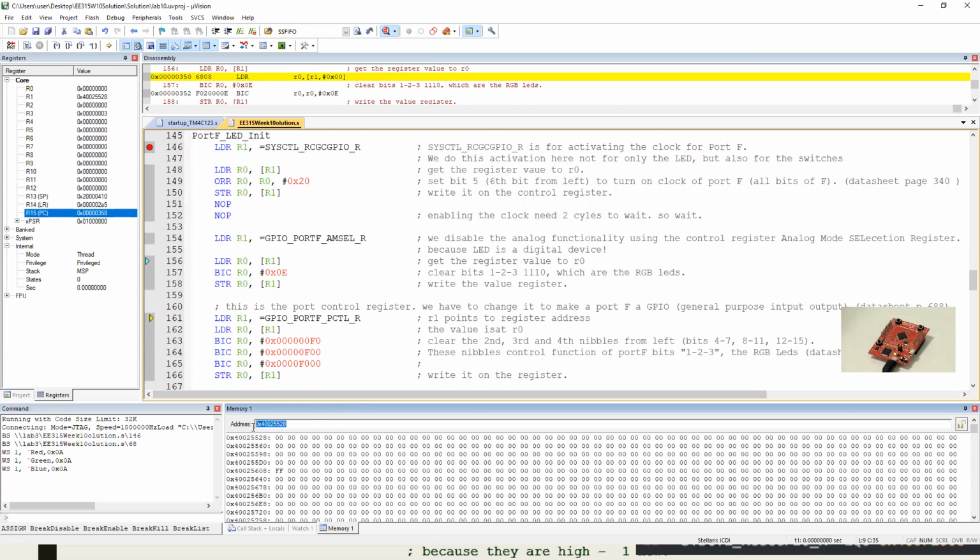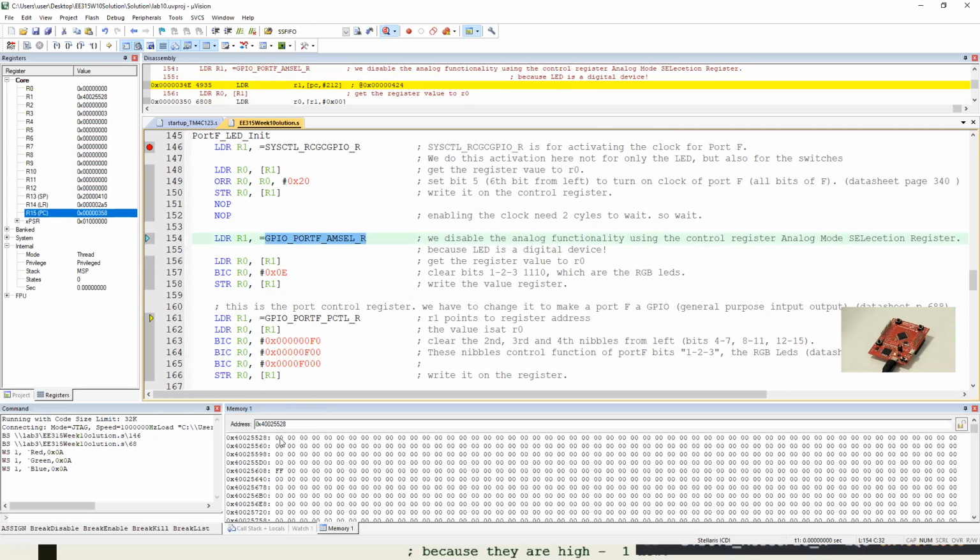So as you can see, I've written that to the memory watch, and the values of that address are written here. This is the least significant byte, the next one, and the most significant byte. So these are the values. So you know how to read a memory.